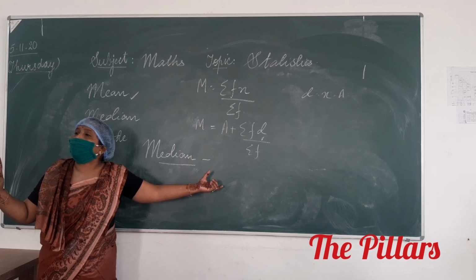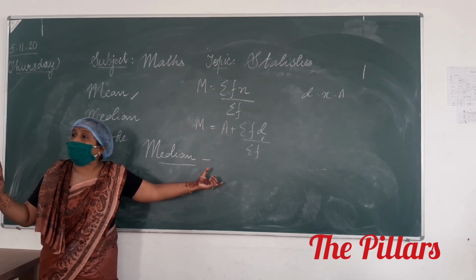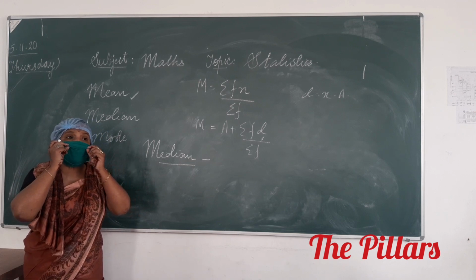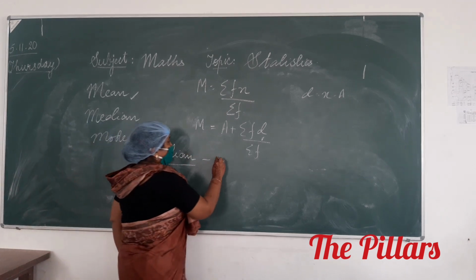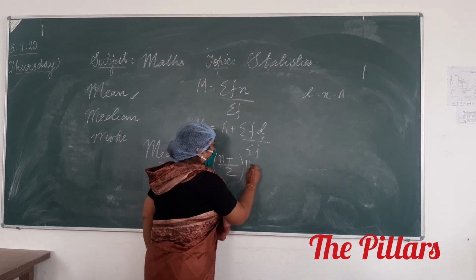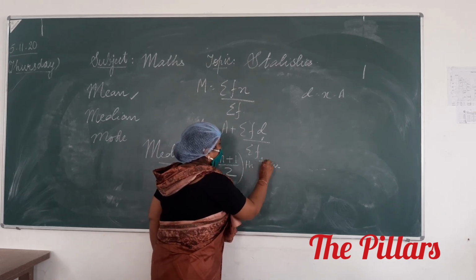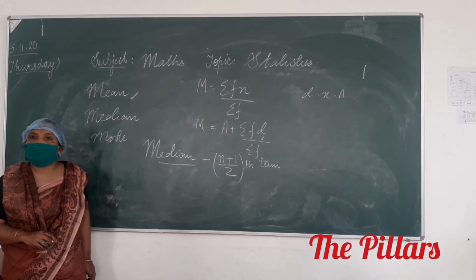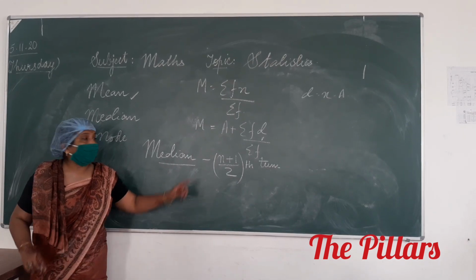If the number of observations is odd, then which one is your median? N plus 1 by 2th term. What is N?